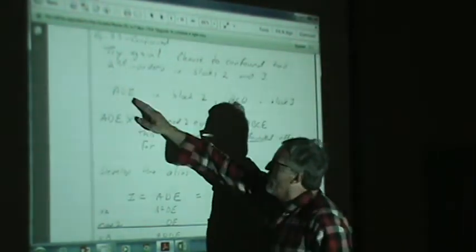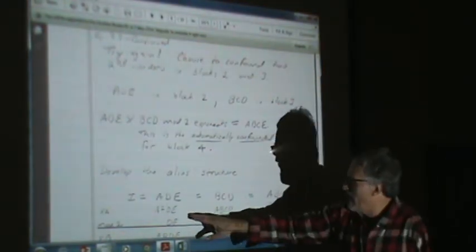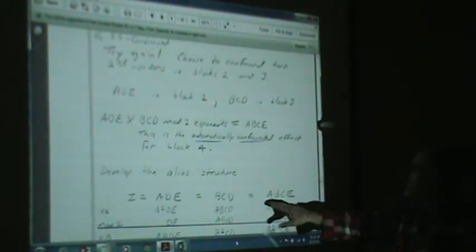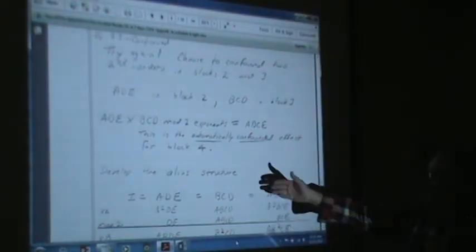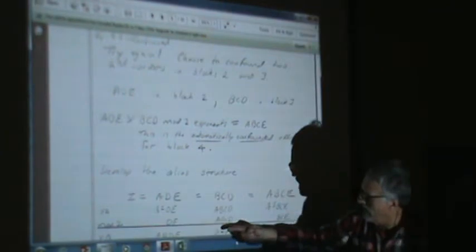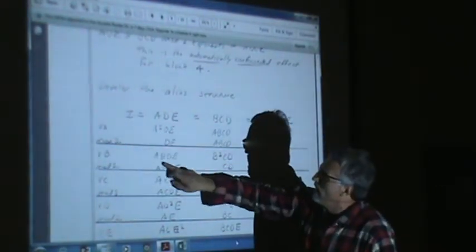Let's look at the alias structure here. I'm looking at all of them: that's block 2, that's block 3, that's block 4. Multiply ADE by A and mod 2 it, that's DE; nothing was 2 there, so A went away. Multiply by B and mod 2 it: that didn't change.